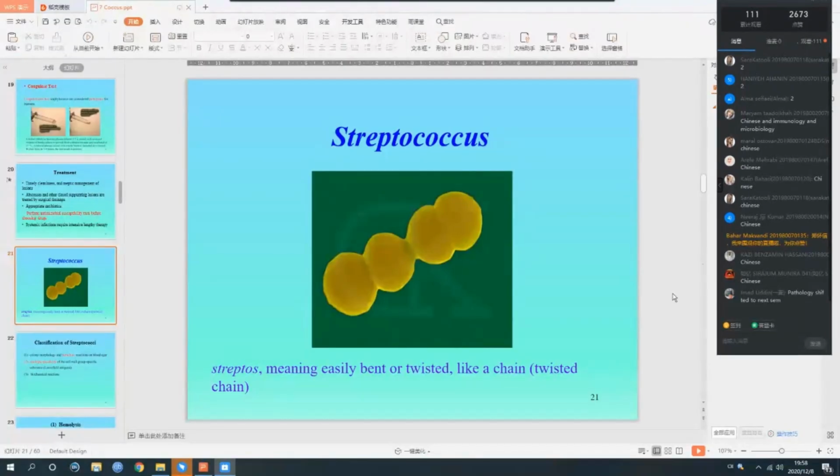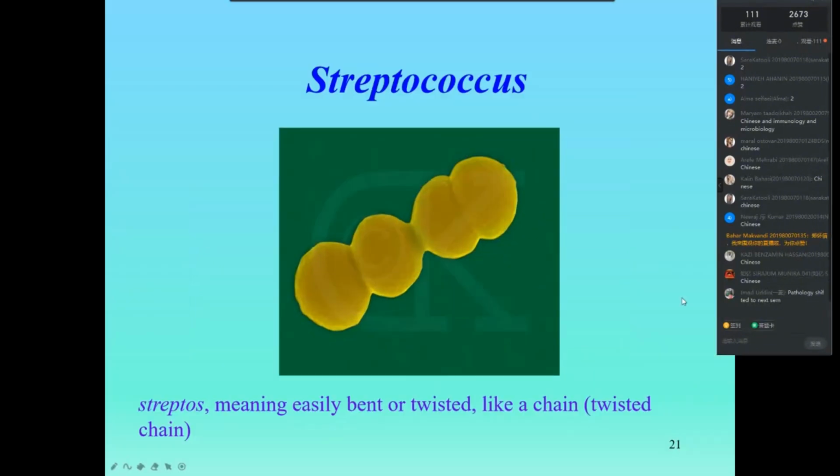And we'll learn their classification, and we'll learn their colony morphology and hemolytic reactions on blood agar. And we'll learn their serologic specificity. That's because of the cell wall group-specific substances. Actually, they are polysaccharides. And also we'll learn their biochemical reactions.